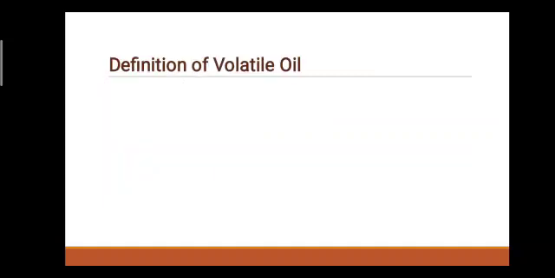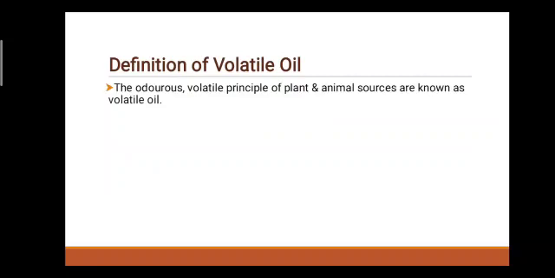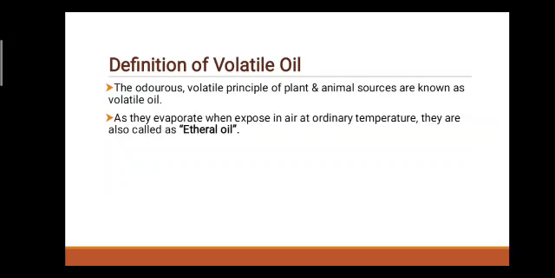Next point, definition of volatile oil. The odorous volatile principles of plant and animal sources are known as volatile oil. As they evaporate when exposed to air at ordinary temperature, they are also called ethereal oil.